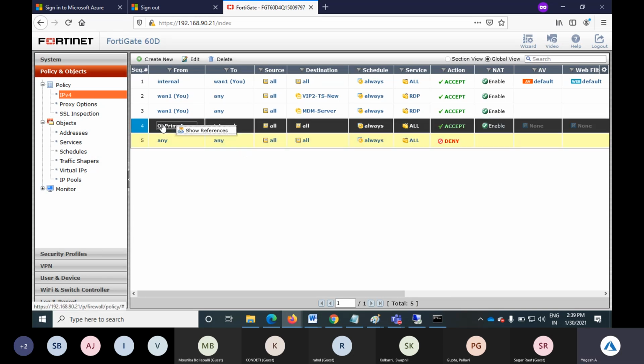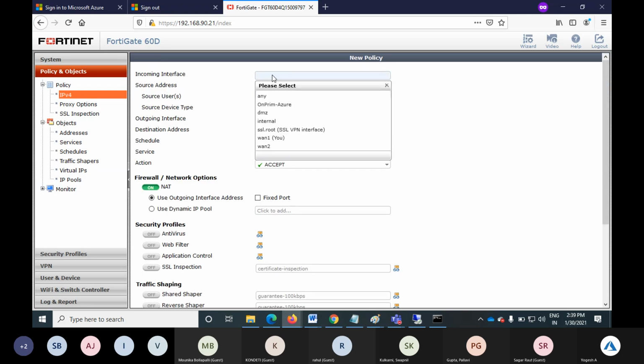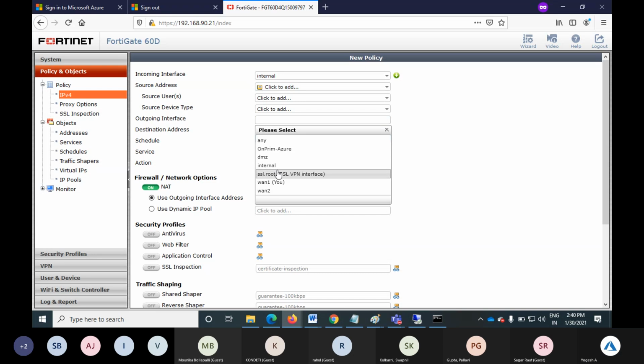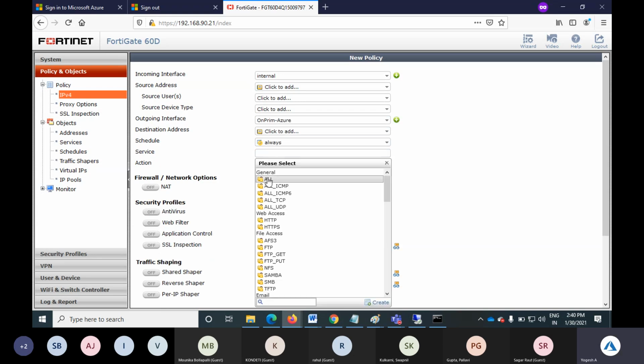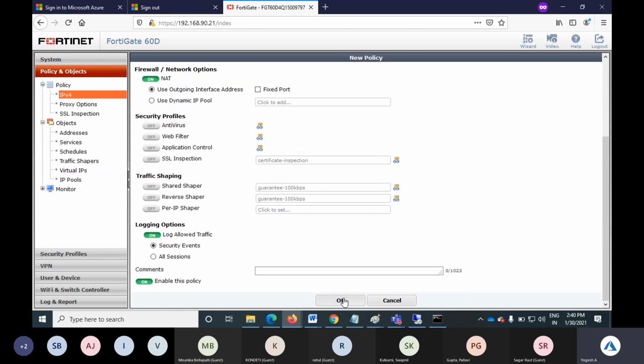Now we can have one more policy with the reverse model, internal to on-premises. So this is internal to on-prem, with all services except NATing. Also I'm going to allow NAT, it is not required, but let's allow the NAT as well.